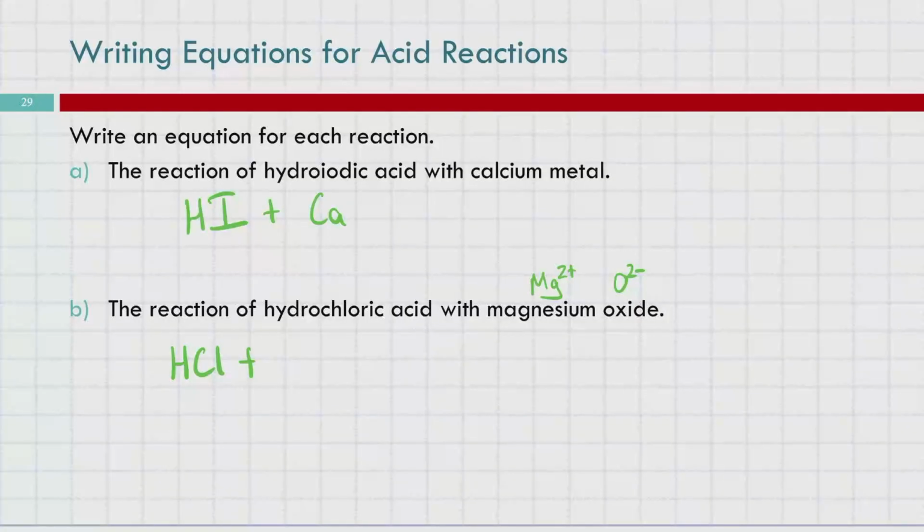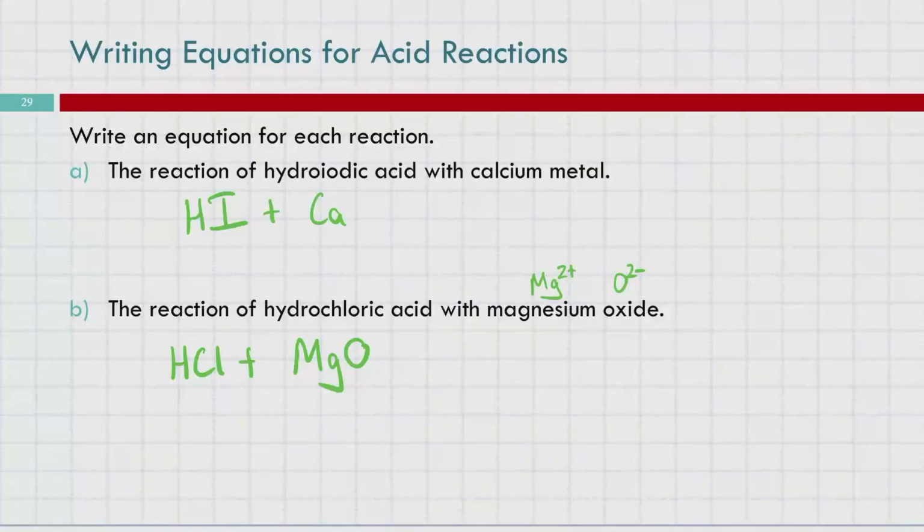If you're confused about the columns that they're in relating to their charge, Logan would be more than happy to talk to you about that during his SI session. Because the charges are the same, we just combine them, MgO. And now you can come up with the products.